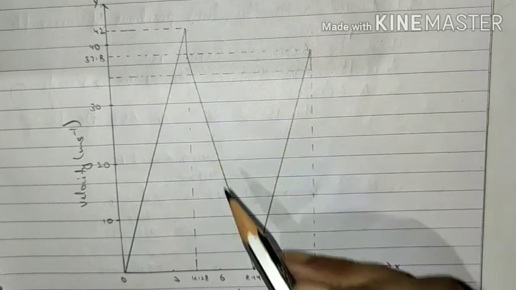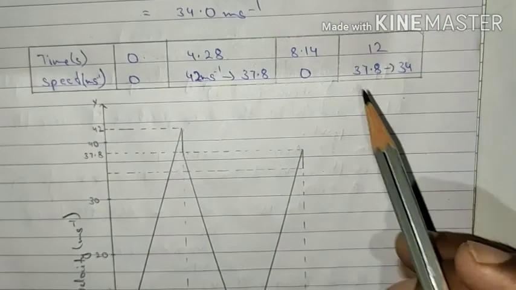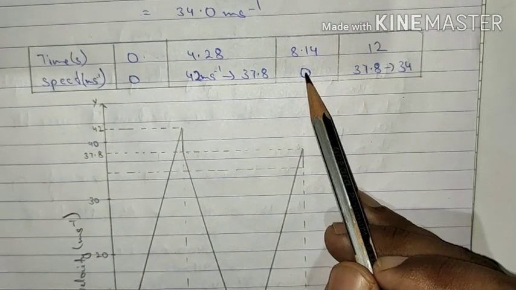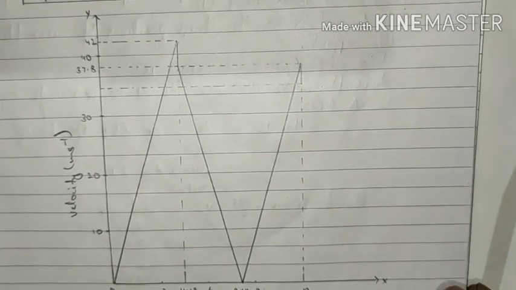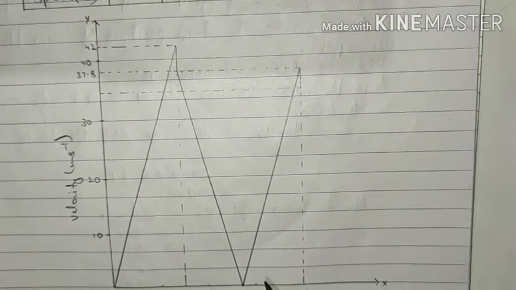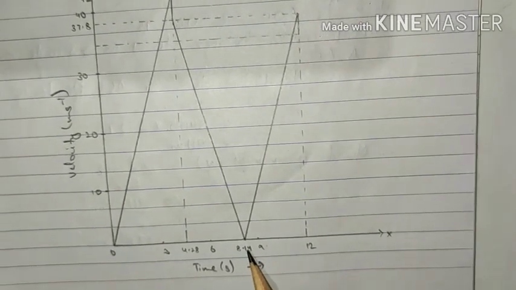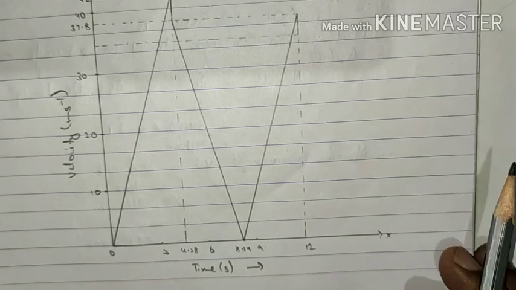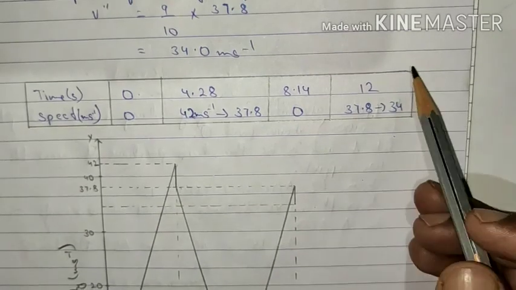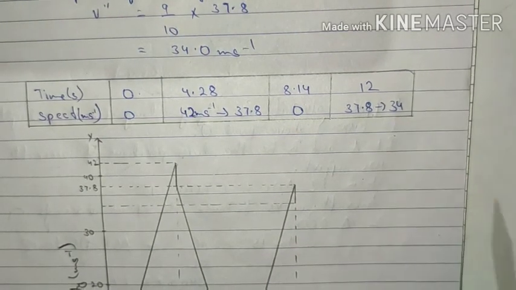Again, it uniformly moves to a velocity of 0 meters per second in 8.14 seconds. So you can observe that at 8.14 seconds we get the value as 0. The graph rises back again, and at 12 seconds we get two values, 37.8 and 34.